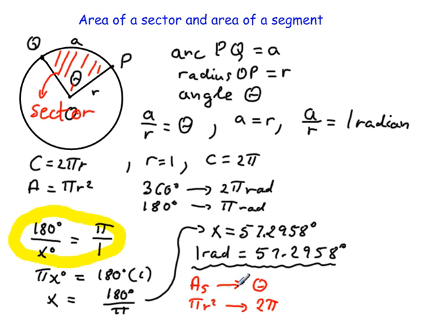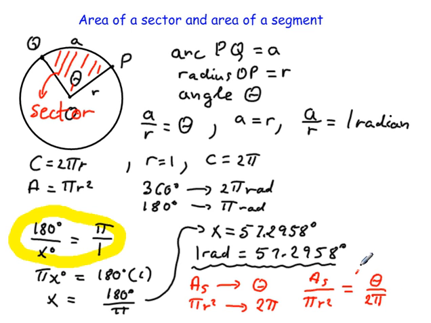So now we can define a proportion where the area of the sector to the area of the circle is equivalent to the ratio of angle theta over the entire angle, 2 pi radians.